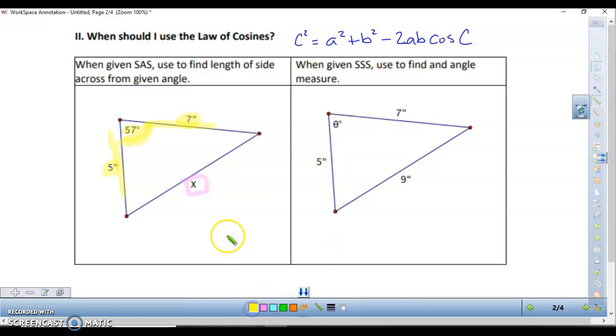What we plug in are the two sides surrounding the angle for A and B, and then the angle we know would go in for C. If we plugged all that in, we could solve for this little c squared right here. We'll do an example in just a second. The other option is if you know all three sides, then you could solve for this big C here, and that's a little bit more work algebraically, but it's not too bad. So let's just do a couple examples.